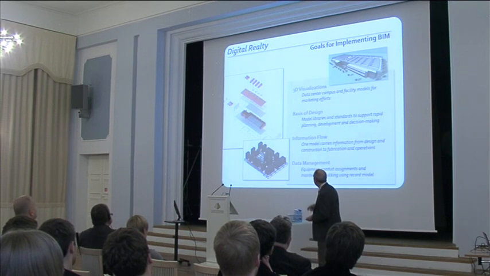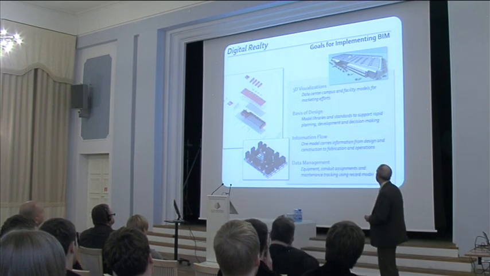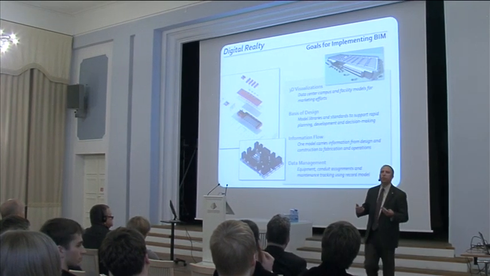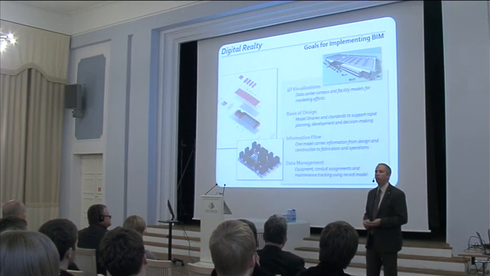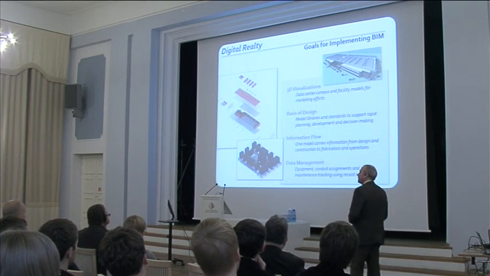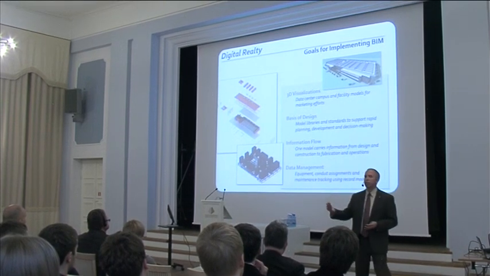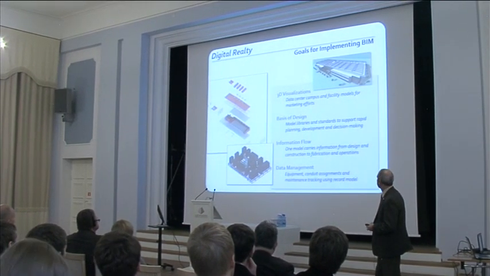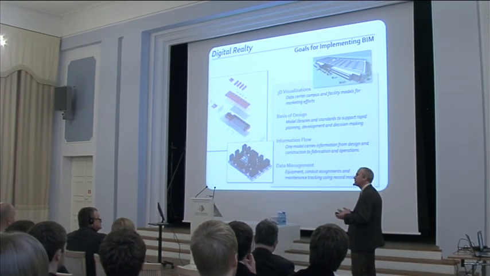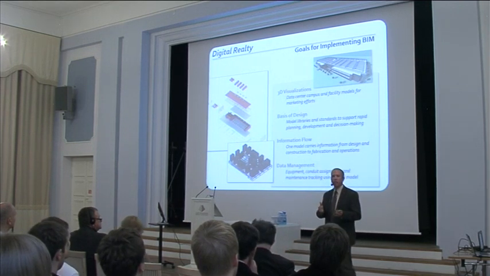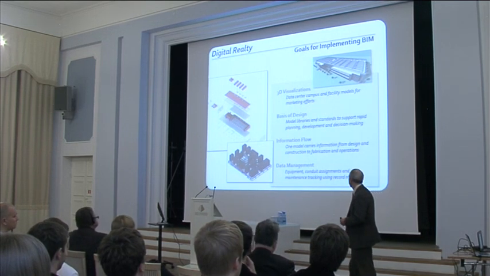They highlighted a couple of key areas that were important to them. One was 3D visualization, so that they could use it to communicate with their future clients, which may be large internet-based firms like Google and so forth that need to use these data centers, so the ability to communicate with those organizations is important. Another was using it as a basis of design to repeat the delivery of a consistent strategy in the pods they use on the different projects.